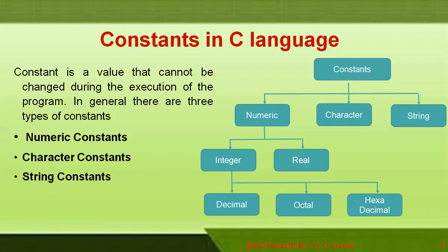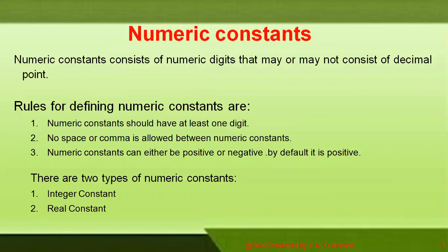In the C programming language, a constant can be of any data type like integer, floating point, character, string and double, etc. Hence, in general, constants can be of three types: numeric constants, character constants and string constants. Coming to numeric constants, numeric constants consist of numeric digits that may or may not contain decimal points.